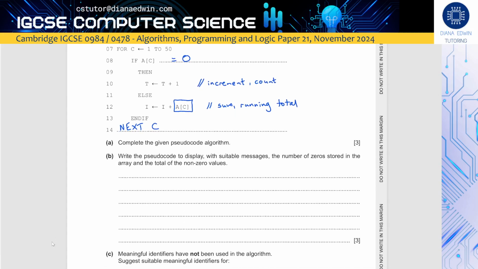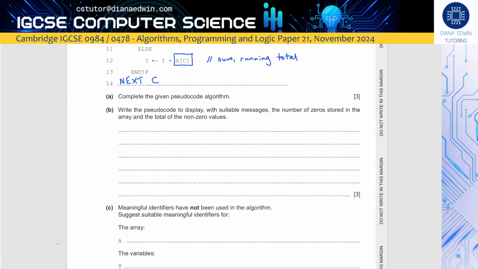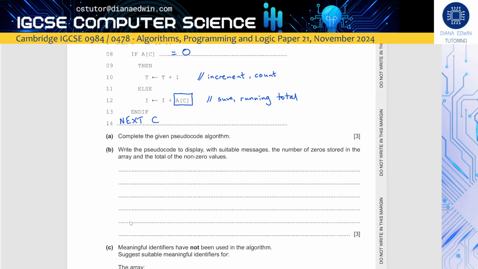There we go. Now I need to write the pseudocode to display with suitable messages the number of zeros stored in the array and the total of the non-zero values. So I'm going to refer to the variables that I've got, but basically I'm going to output with a suitable message.